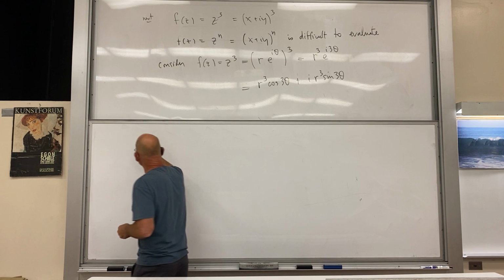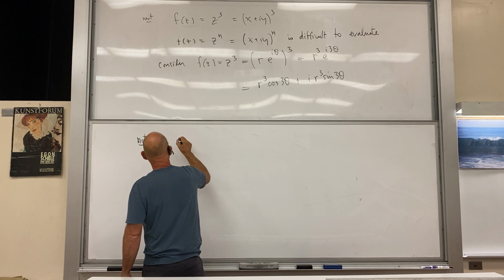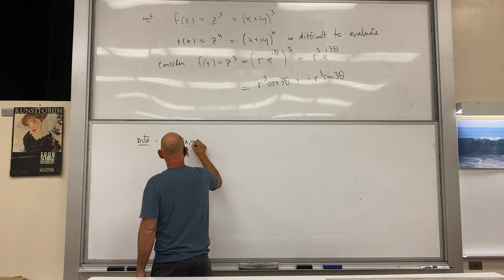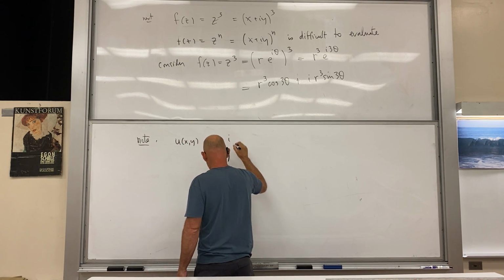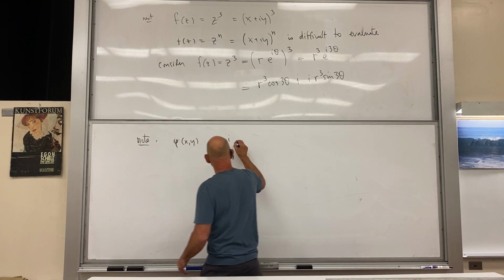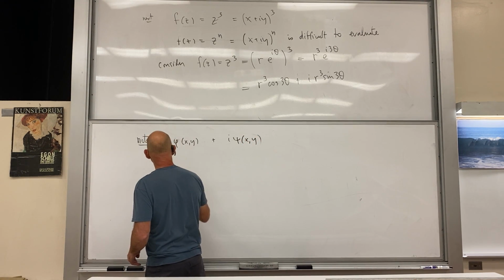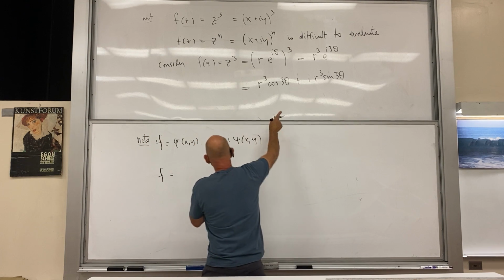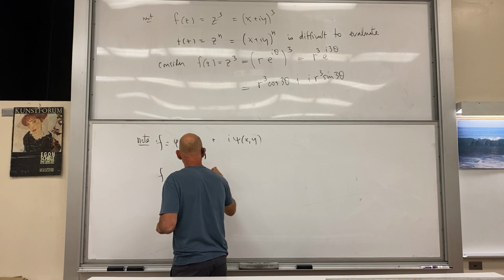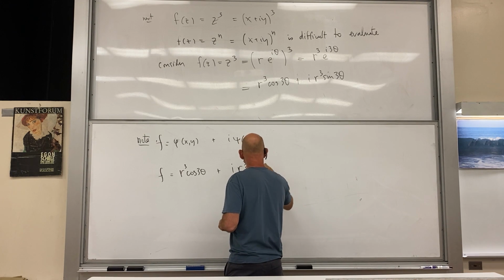So the thing that we have to take note of, we're looking for, so we have u of x and y plus i, wait a minute, I'm using phi and psi. Okay, so phi of x and y plus i times psi of x and y. On the one hand, if we take what we have here, you see we have r cubed cos 3 theta plus i times r cubed sine of 3 theta.